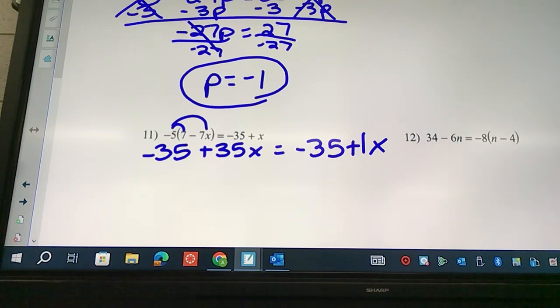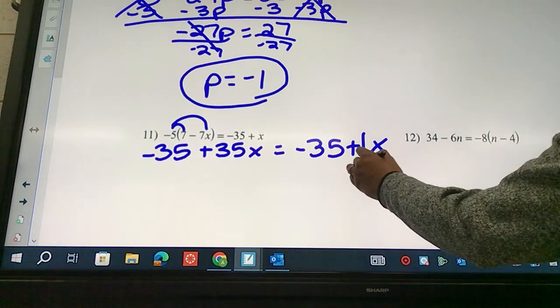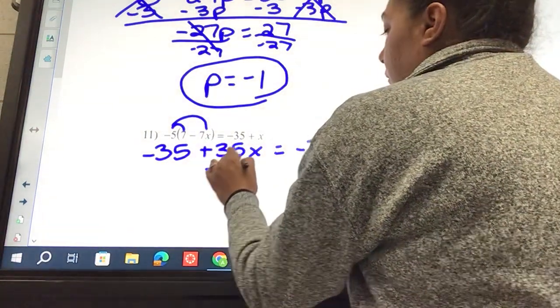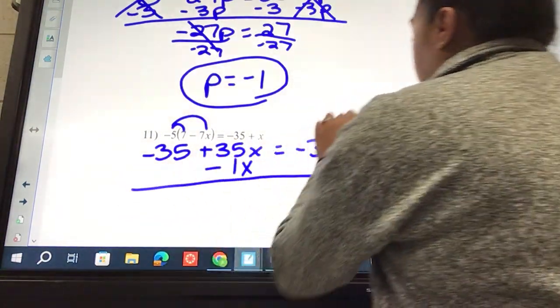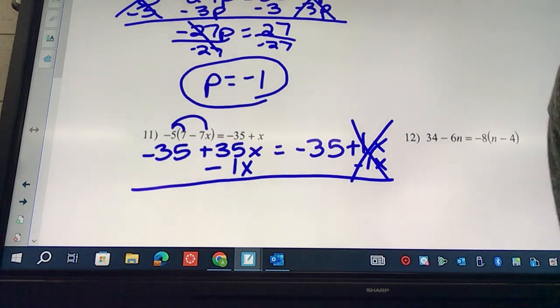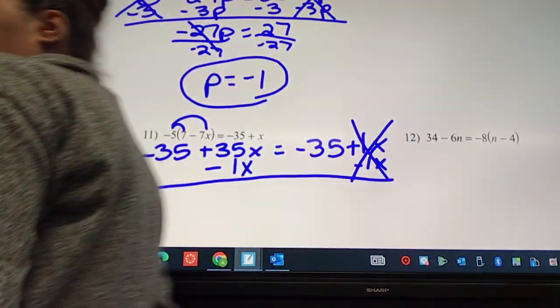What needs moved? The 1x definitely needs moved. And then what else needs moved? Which one?